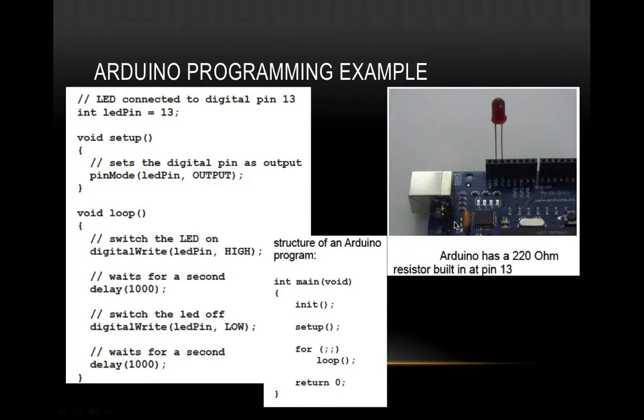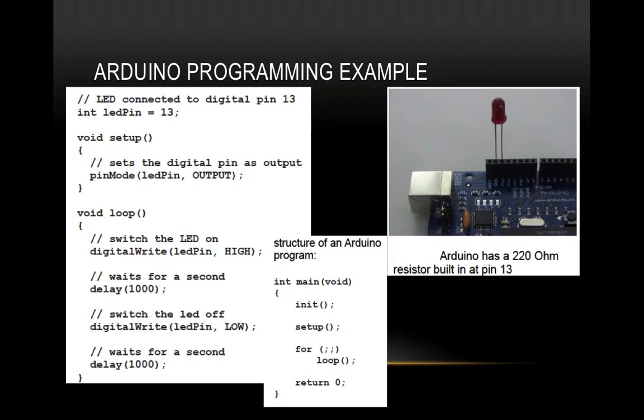So here the application is simple. This is a light emitting diode, and this is the Arduino hardware, and as you can see, this header gives you access to the microcontroller's pins. One of the pins is ground and one of the pins is connected to pin number 13 of the microcontroller, and we want this LED to blink at a particular rate.